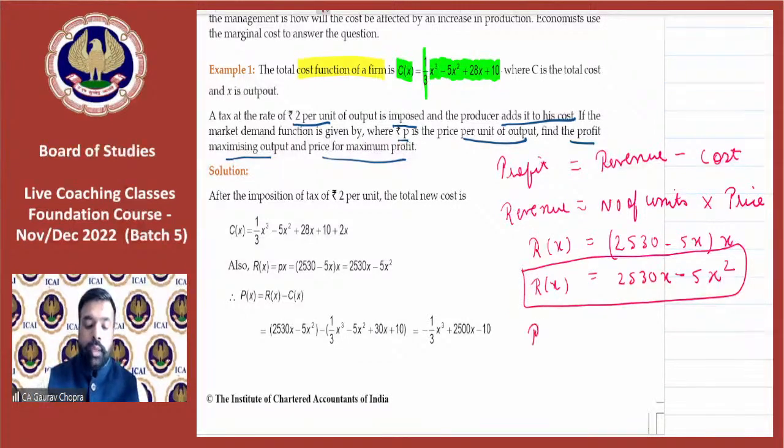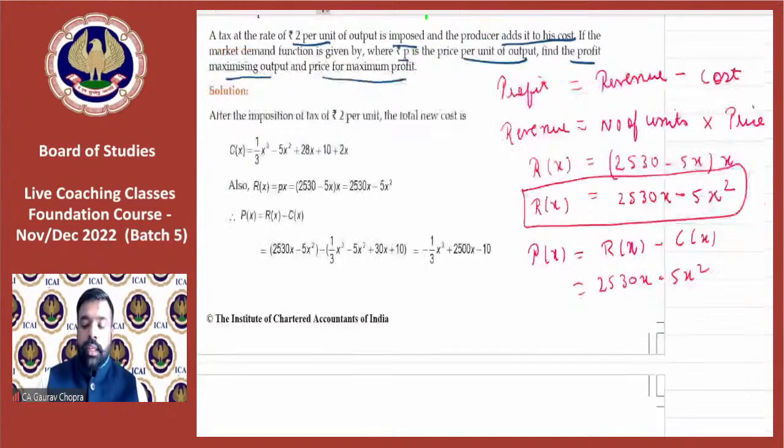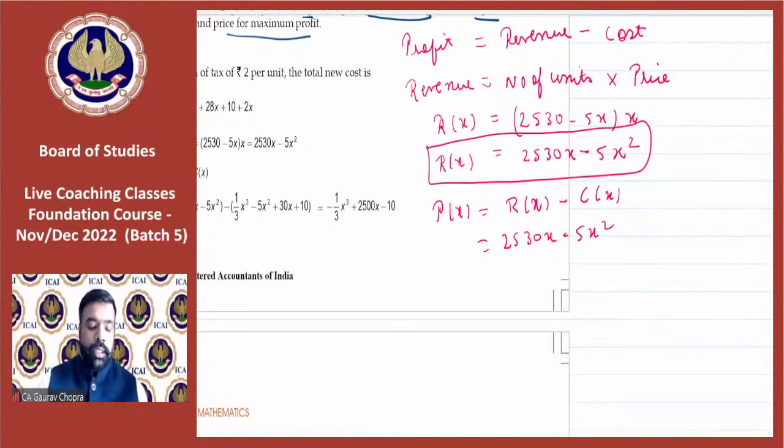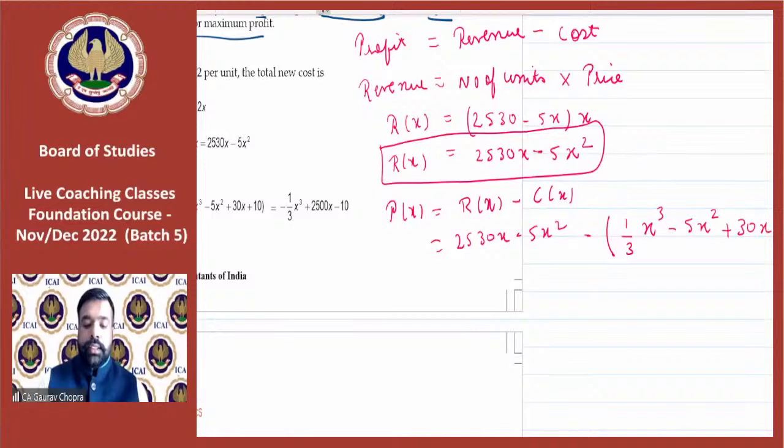Now we have to calculate the profit. For calculation of profit, we take revenue minus cost. So let us subtract the cost from this revenue. What is the given cost? 1/3 x cube minus 5x square plus 30x plus 10. This is given.